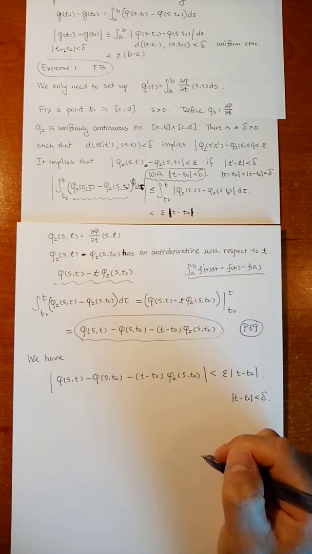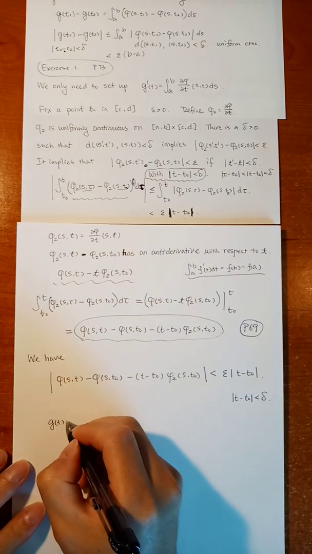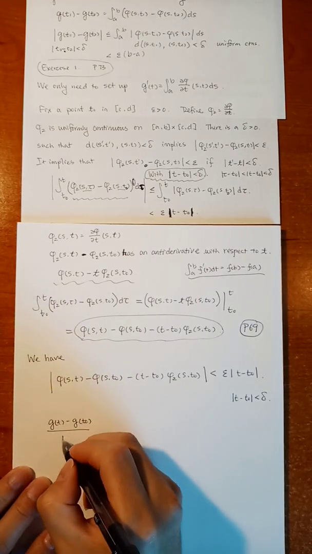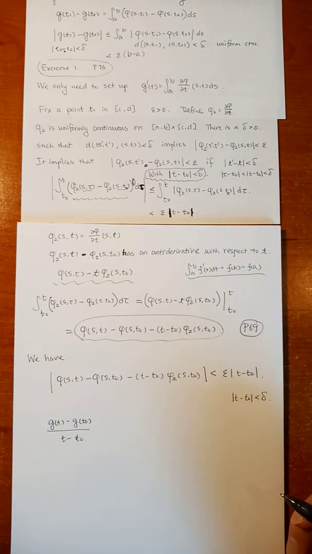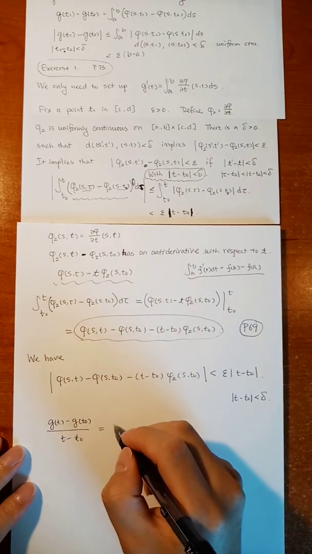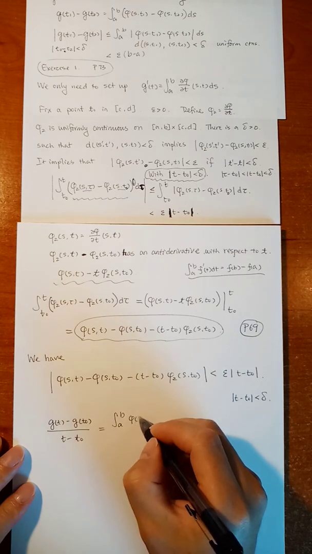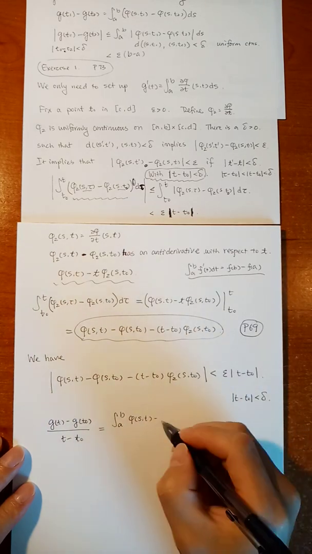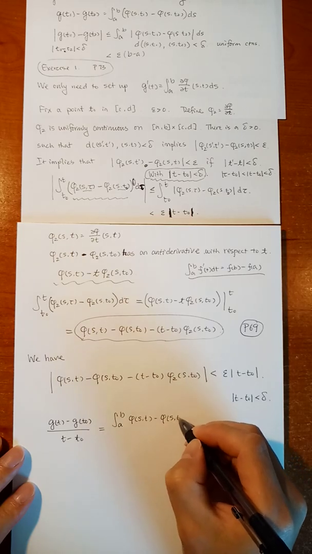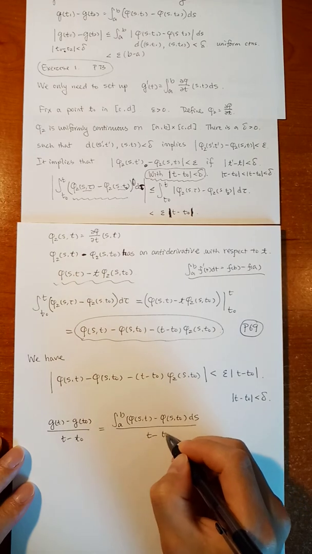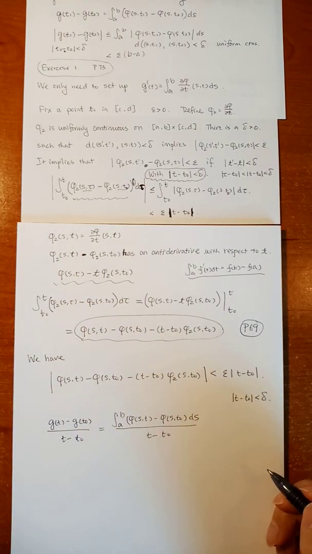So now what we are going to do is differentiate g. So g of t minus g of t0 over t minus t0. Okay? And it is the integral from a to b of phi s t minus phi s t0 ds over t minus t0. Right?